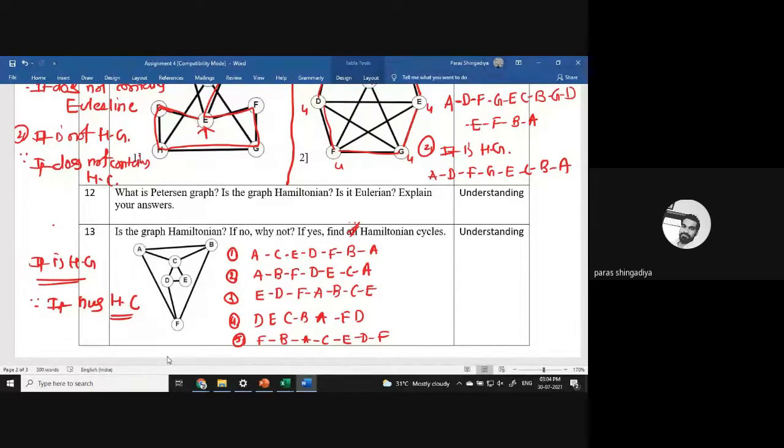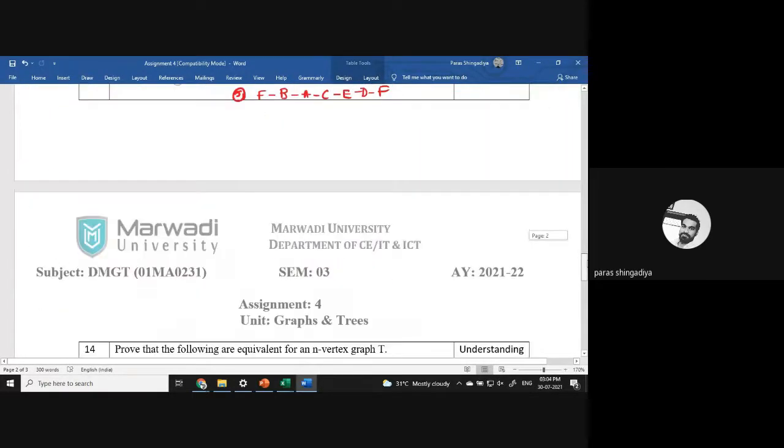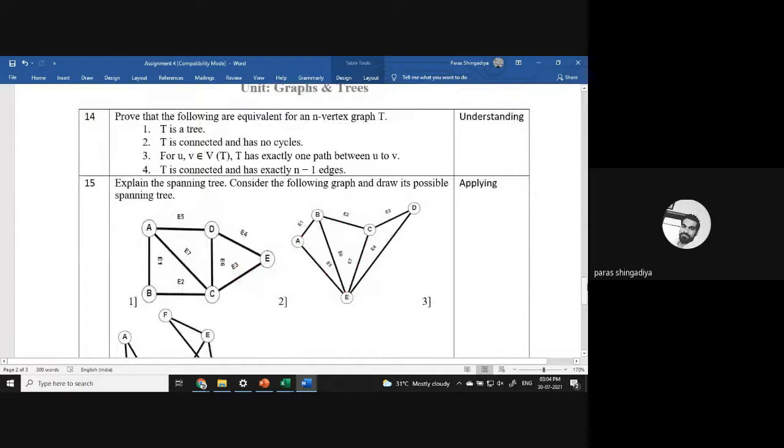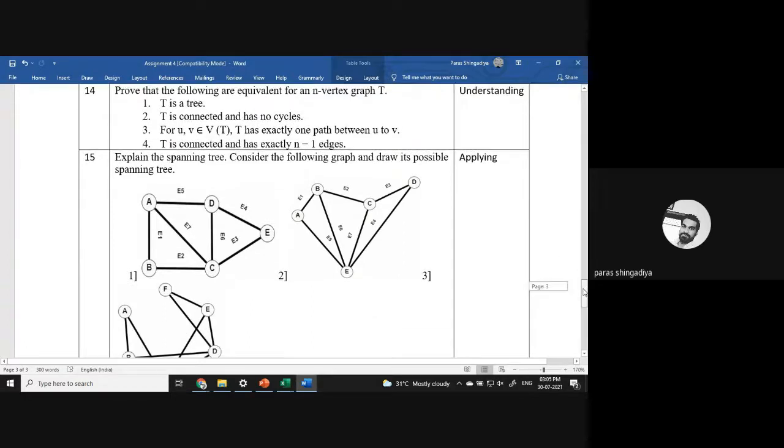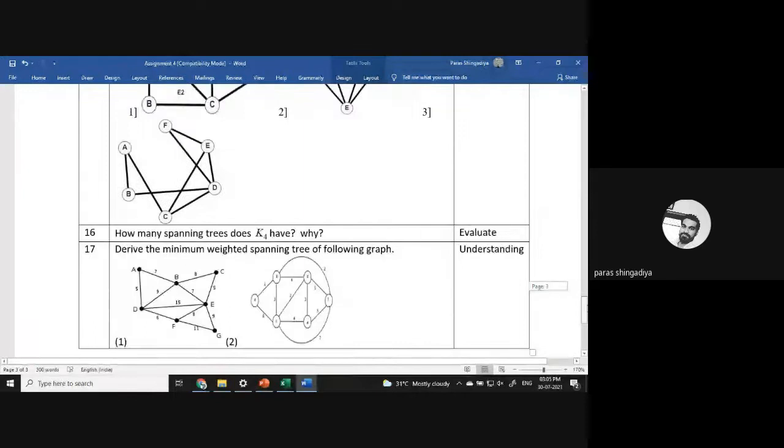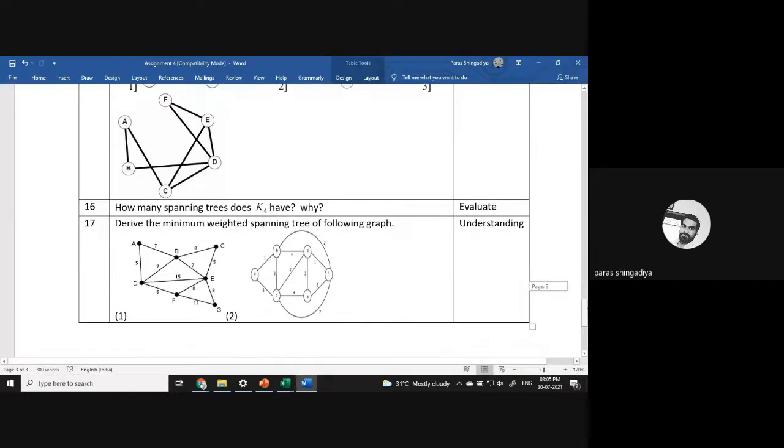Now the next questions. It depends on our ongoing theory: the concept of tree, spanning tree. That is number 14, one of the theorems, and you have to prove that they are equivalent. Then in 15, we have to draw some spanning trees of this graph. Then in 16, you have to check how many spanning trees there are in K4 and which formula is applicable there.